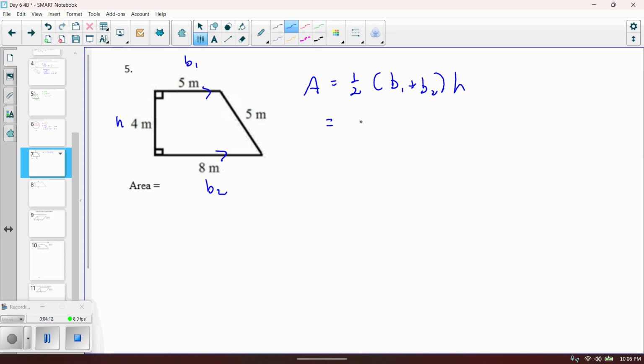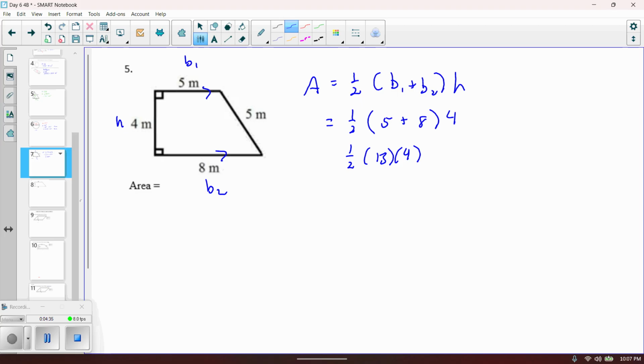So your area is going to be 1/2. We'll add the two bases, so 5 plus 8 times the height, 4. You should always do what's inside the parentheses first. That is an order of operations thing. So 5 plus 8 is 13 times 4.